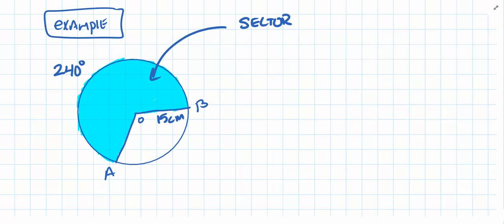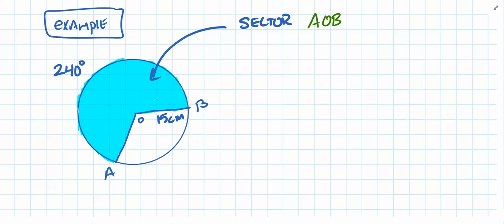So this is sector AOB, the entire sector there. And it's bigger than 180, right? So you have to either have a picture or be told what the measure of the angle is. So we'll just say sector AOB. That's what we're looking for.